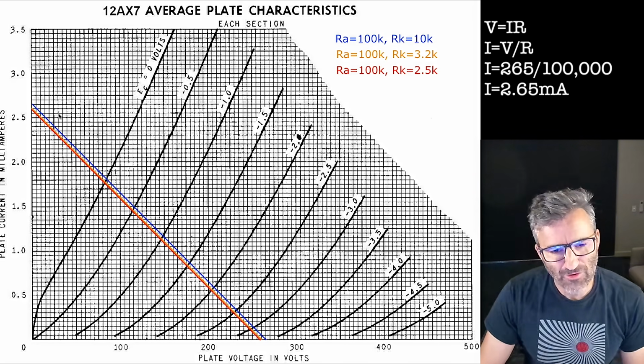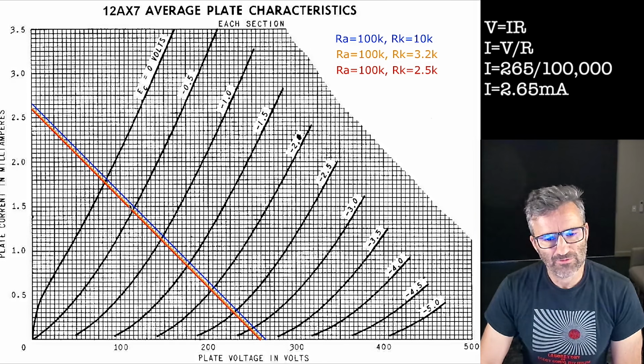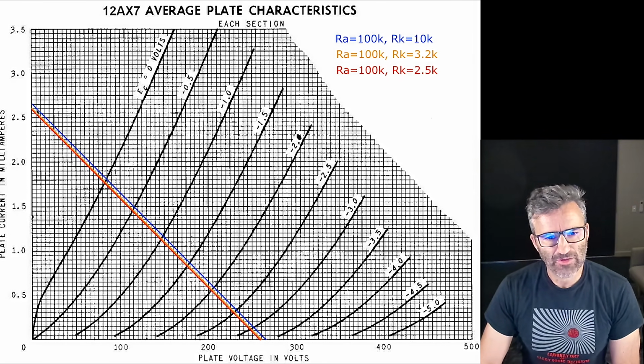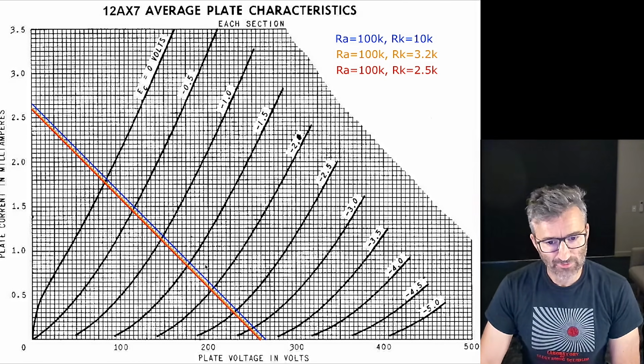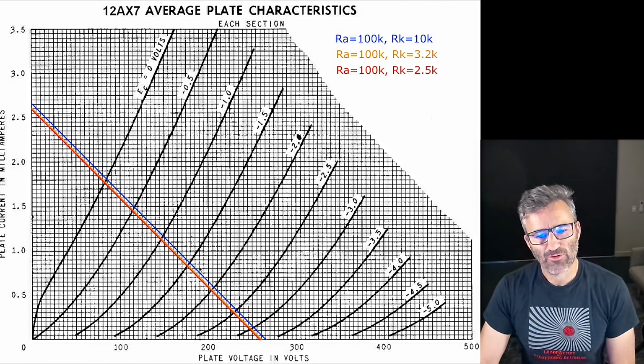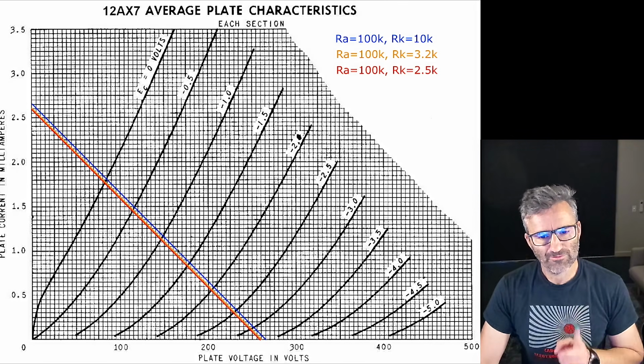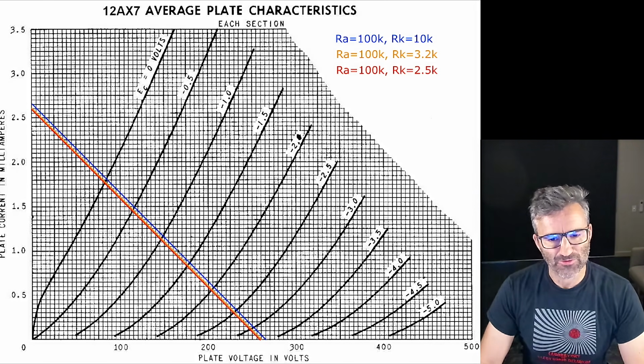The point of this line with respect to the cathode resistor is it shows, let's just focus on the blue line, right? It shows all of the possible operating points or bias points for this gain stage that are available to be dialed in, right? And the way you dial them in is by the value of the cathode resistor that you choose.